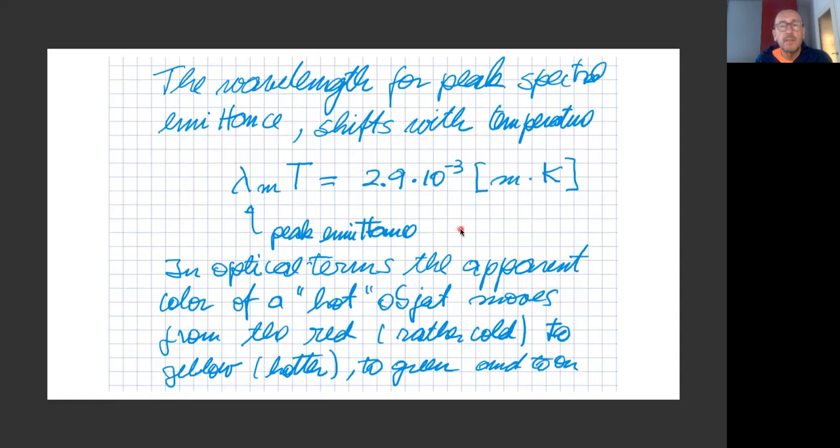So in optical terms, the apparent color of a hot object moves from red, which is the cooler thing that you will see, to yellow, which is hotter, to green, which is even hotter than the yellow. So when you move through the rainbow colors into smaller wavelength, meaning higher frequencies, the temperature increases.